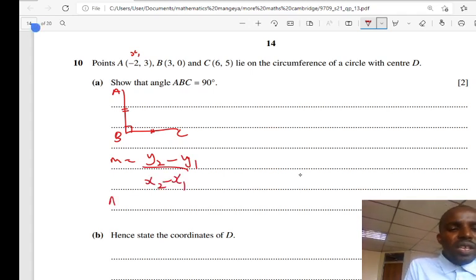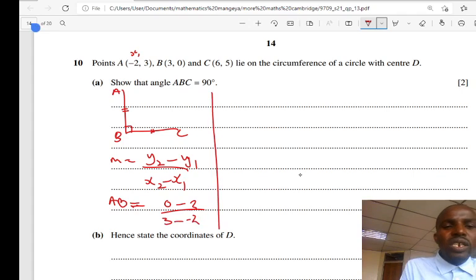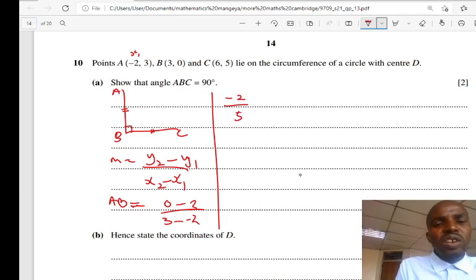So for AB, it will be equal to y2 is for B, so it's 0 minus 3 over x2 minus x1, which is 3 minus 2. Then simplifying this one, what do you get here? 0 minus 3 is minus 3, and 3 minus 2... 3 plus 2, which is equal to 5. So this one is for AB, the gradient, right? Then let's find for BC.